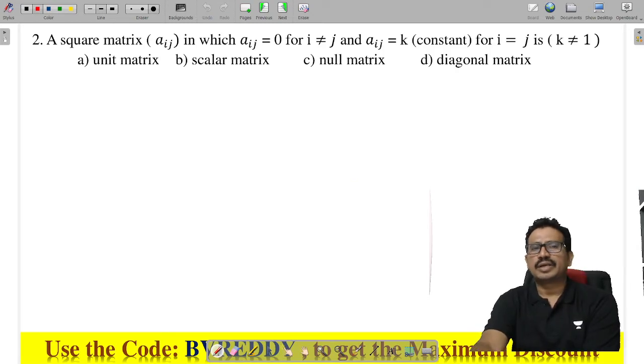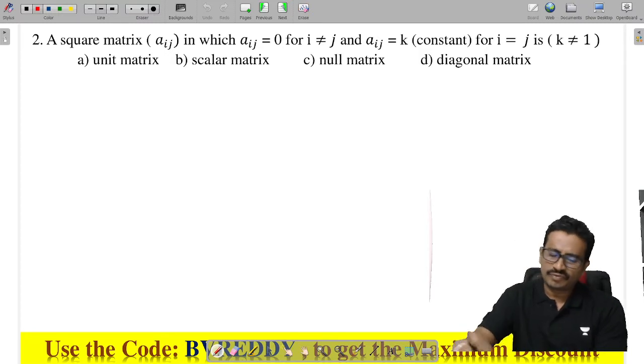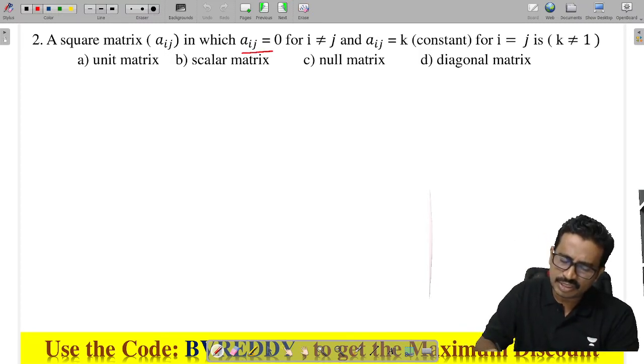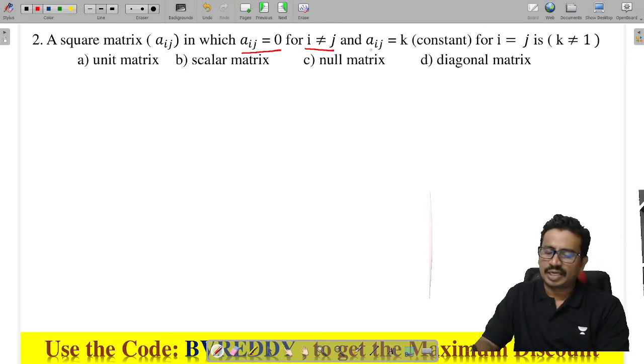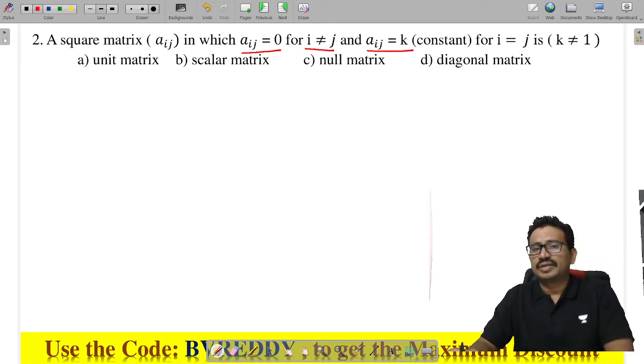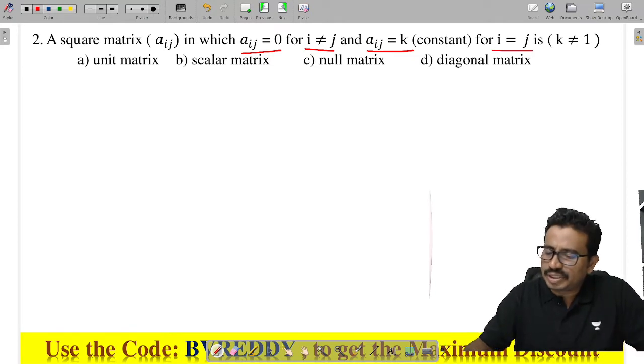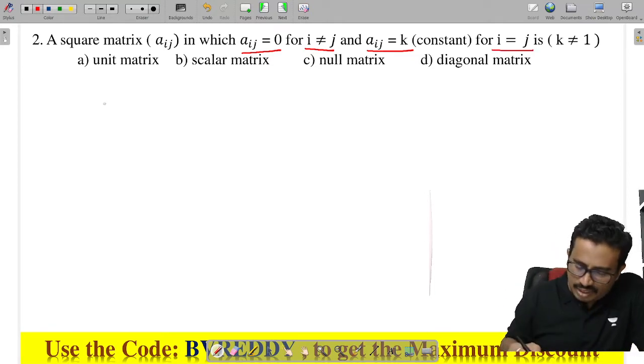Next one. A square matrix is given with elements Aij, where Aij is 0 when i is not equal to j, and Aij equals k when i equals j.